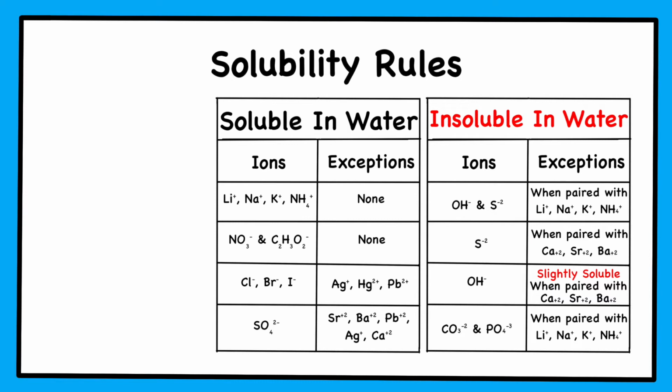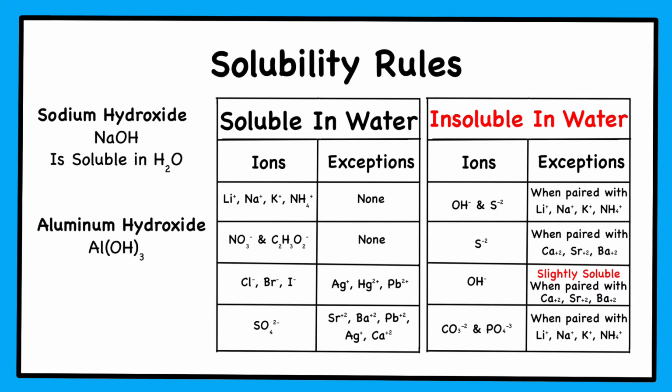If my sulfur 2- is paired with a calcium, strontium, or barium and forms a compound, it would be completely soluble in water. If my hydroxide anion is paired with a calcium, strontium, or barium cation, it would be slightly soluble in water. So sodium hydroxide, or NaOH, would be soluble in water, but aluminum hydroxide, Al(OH)3, is not soluble in water.